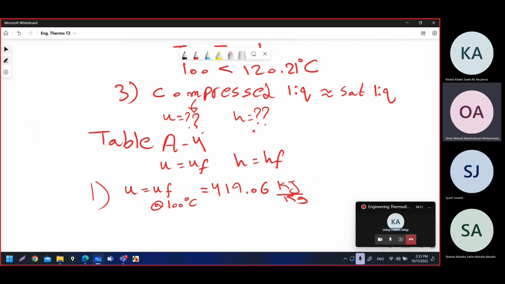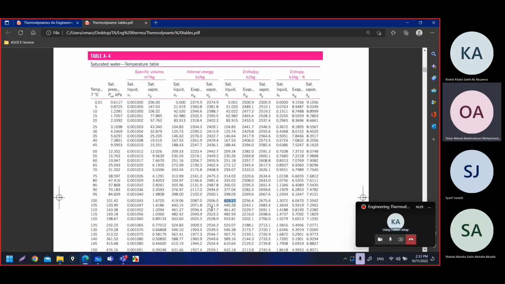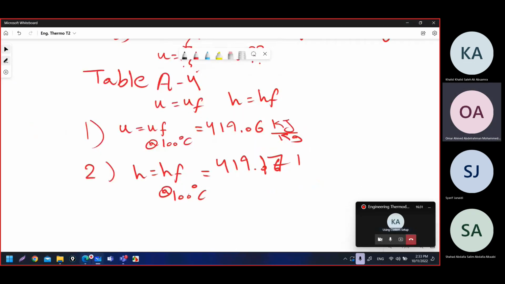That is the requirement number 1. And for requirement number 2, h is equal to hf at 100 degrees Celsius also, and this will equal 419.17 kilojoule per kilogram.